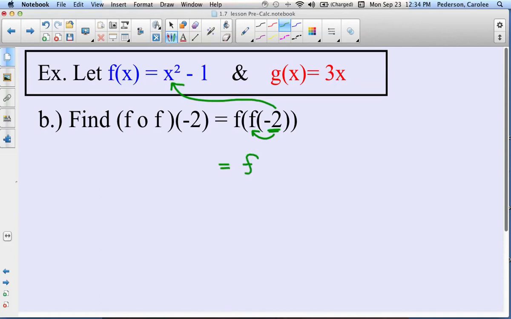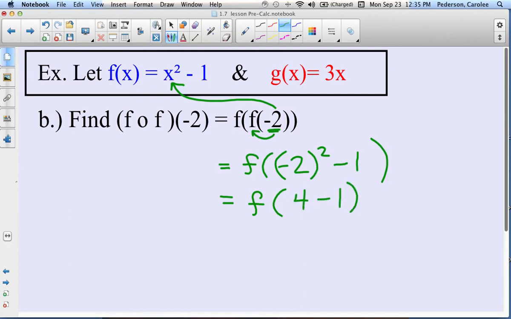So I still have this f, and now I'm going to replace the blue x with a negative 2 squared minus 1. Now we get f of negative 2 times negative 2 is positive 4 minus 1. 4 minus 1 is 3.